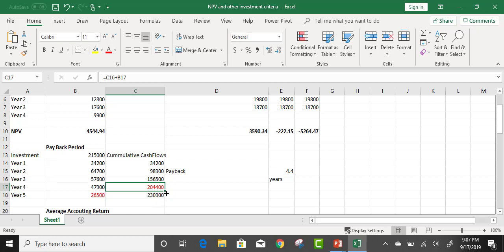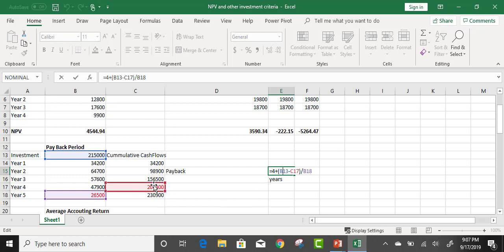So how to find this? We use this equation. After 4 years, so 4 plus the amount yet to be recovered, which is the difference between the cash outflow and the total cumulative cash inflow in the fourth year, the difference between the cash flow located in cell B13 and the cash flow in year 4, divided by the cash flow of 26,500 in the fifth year.